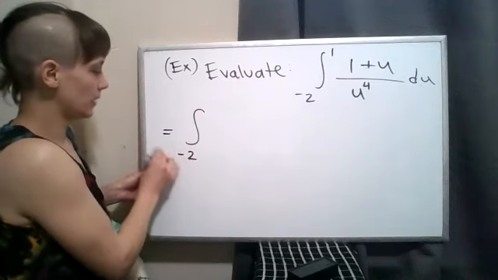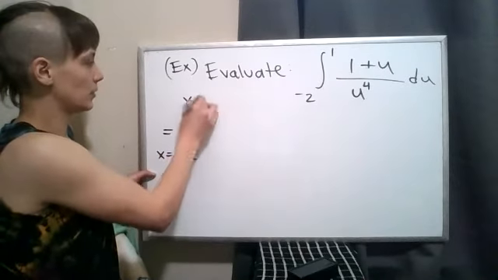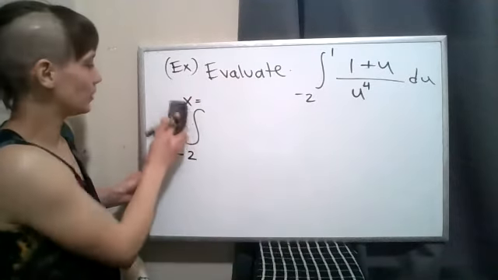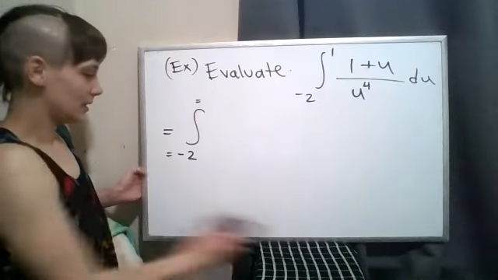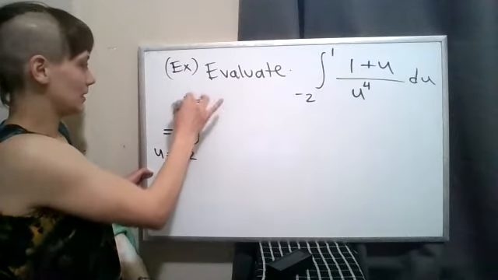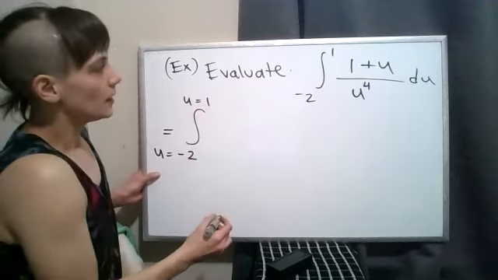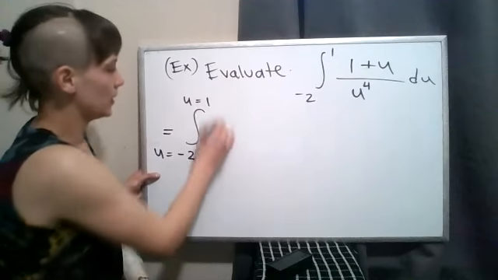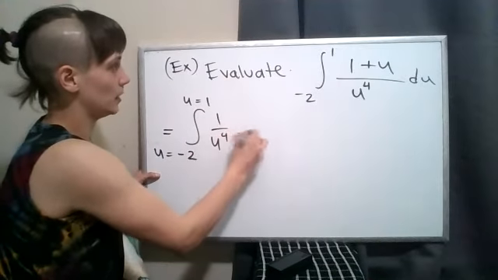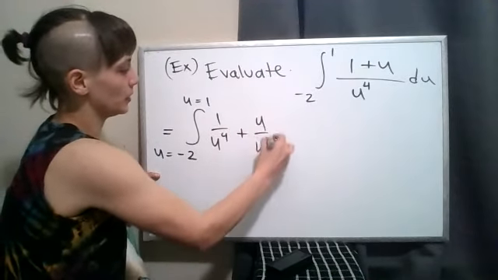We're going to evaluate from u equals -2 to u equals 1 of 1 over u to the 4th plus u over u to the 4th du.